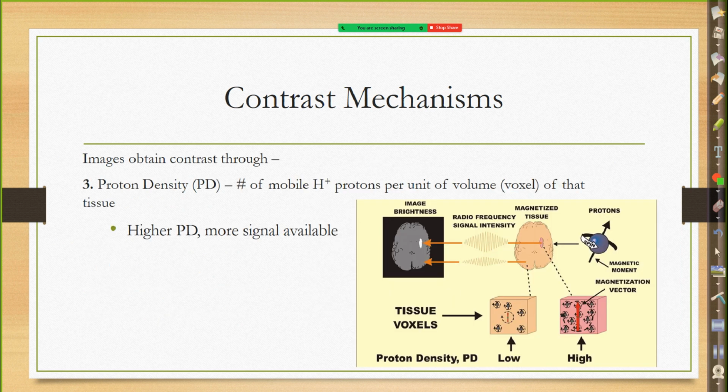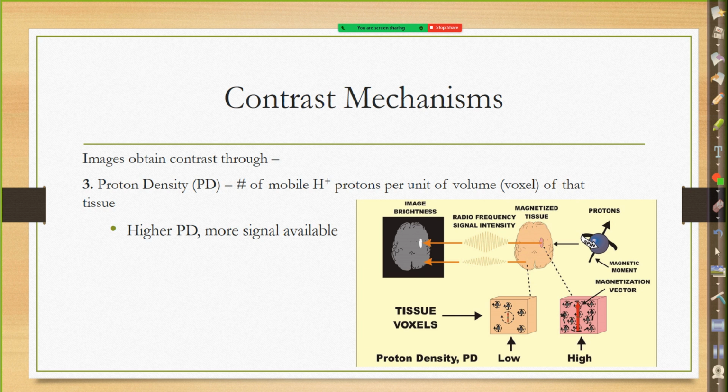All right, and the third way MR images obtain contrast is through proton density, also referred to as spin density. So another name for proton density is spin density. And the definition of proton density is just the number of mobile hydrogen spins, or protons, per unit of volume.